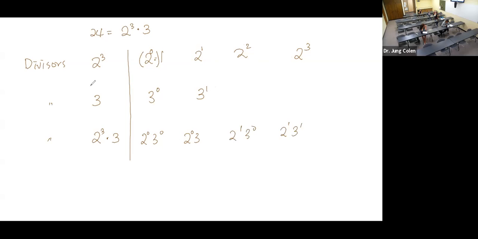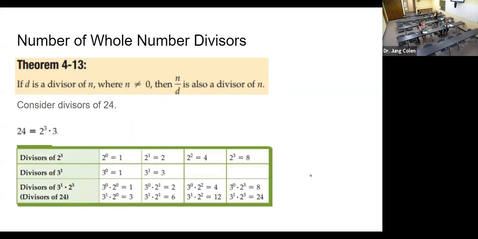So if I list them all, you're going to have these. Okay? So how many are there? 2, 4, 6, 8. Can we relate the number of divisors with the exponents here?